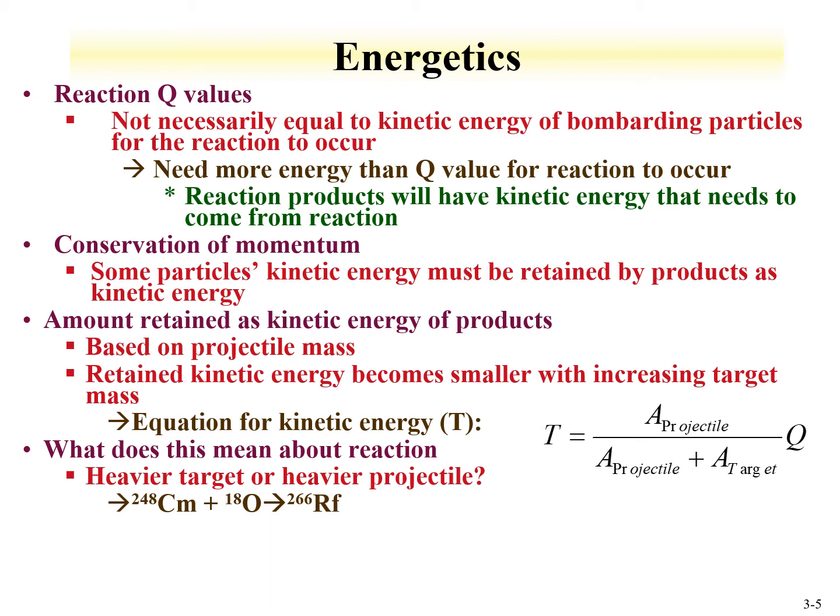If I accelerate the curium into an oxygen target, using curium as the projectile, this kinetic energy is about equal to the Q value, because it's 248 divided by the sum of 248 plus 18. Now if we go the other route, which is actually done experimentally, where we accelerate oxygen into curium, we wind up with only a smaller fraction of the Q value as the kinetic energy. This is one reason why you often accelerate the light particle into the heavier target.